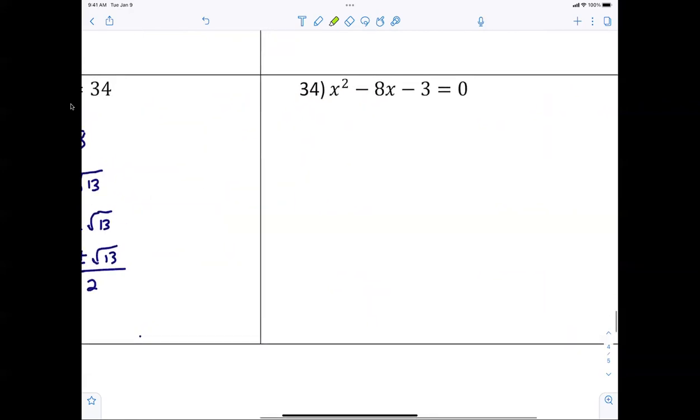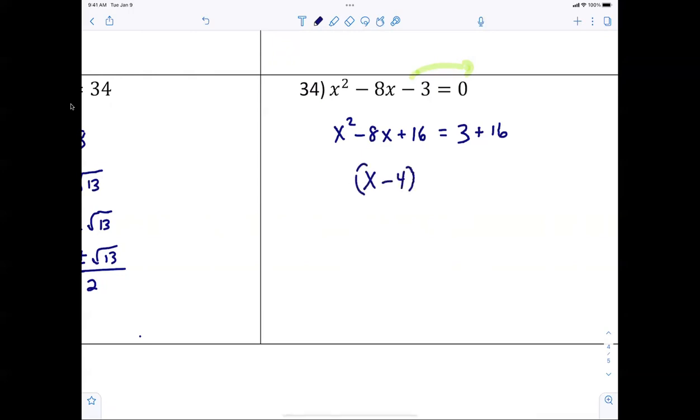All right, 34. The middle term is even, so complete the square. Move the 3. X squared minus 8x equals 3 plus 16 plus 16. So now it factors to what?